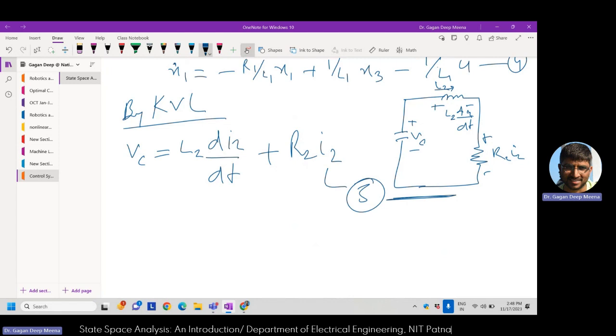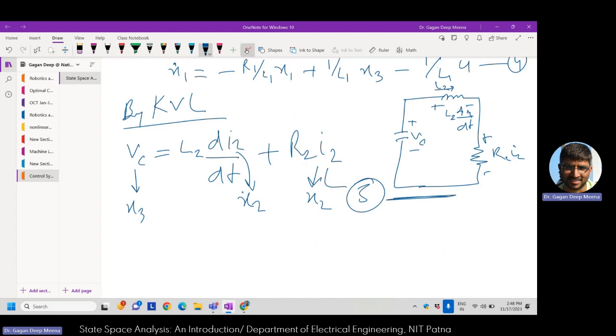I know the state variables. VC is x3, and I2 is x2, and di2 by dt will become x2 dot. And again, I2 is x2, so it will be x2.